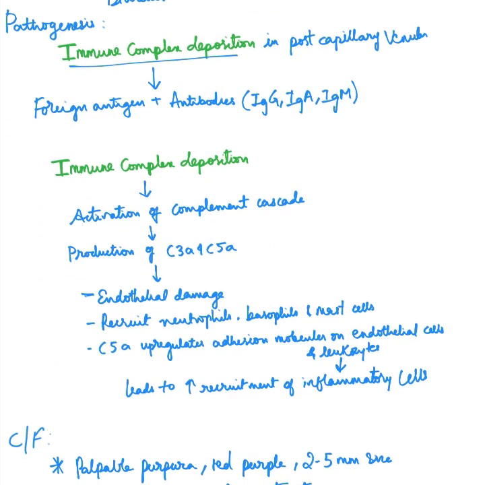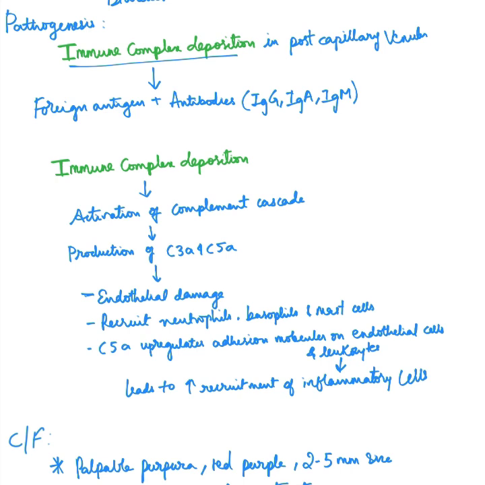Coming to pathogenesis, it's a type 3 hypersensitivity reaction. There is going to be immune complex deposition in the post capillary venules. This immune complex is formed by a foreign antigen along with an antibody which can be of IgG, IgA or IgM class. Following this deposition, there is activation of the complement cascade, which leads to production of C3a and C5a complement proteins.